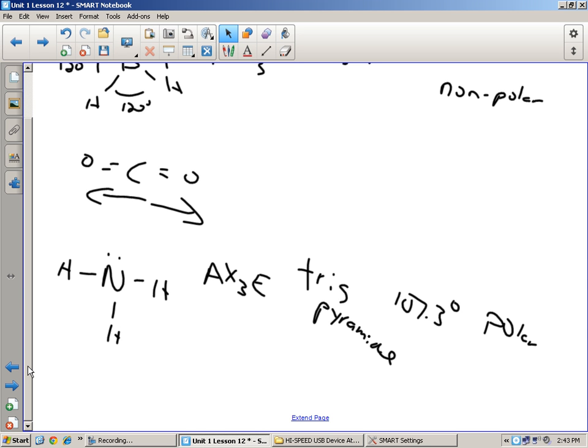Okay, look. Once again, we have to talk about symmetry. Does it look all the same all around? Well, it's good here, but then we got this lone pair on top. It doesn't have the same electronegativity as anything else here. In fact, the net result of this, when you look at nitrogen trihydride, I would think that the electrons are going this way, and this way, and this way. So the net result would be kind of up towards this nitrogen here.